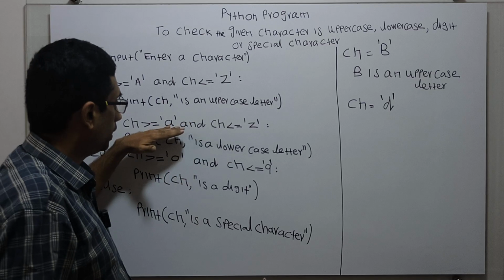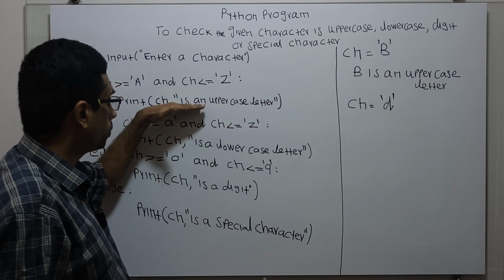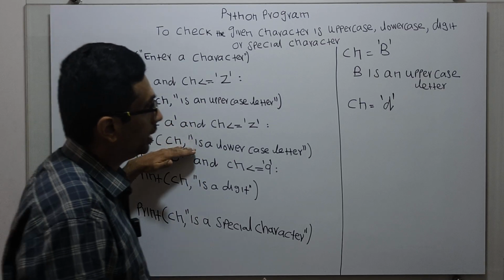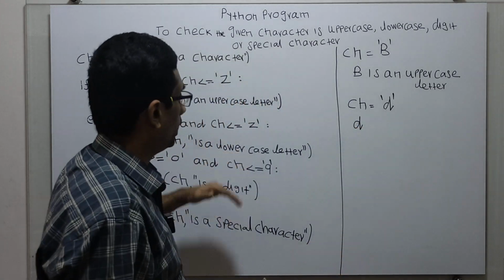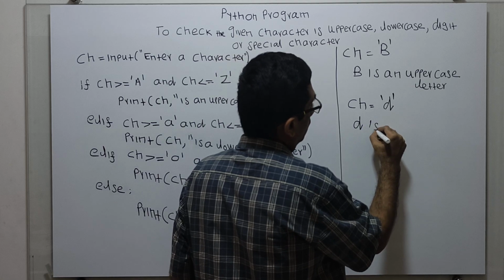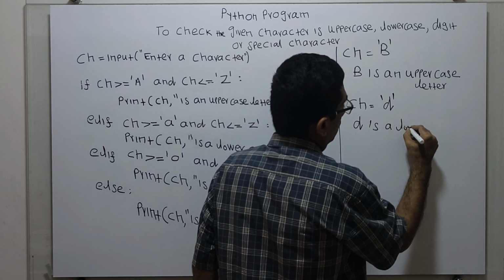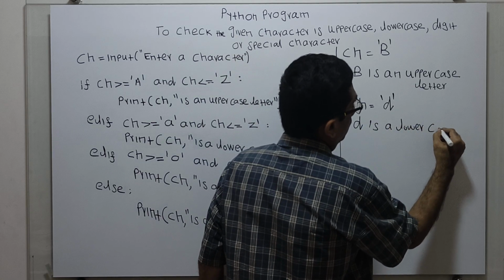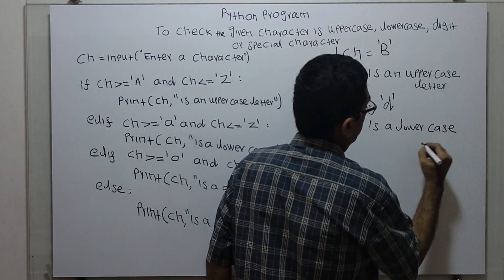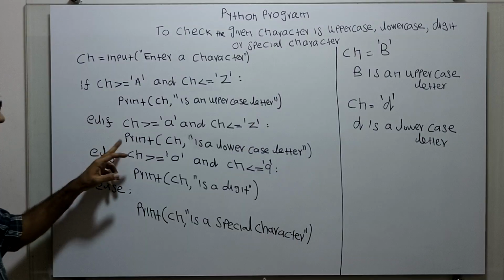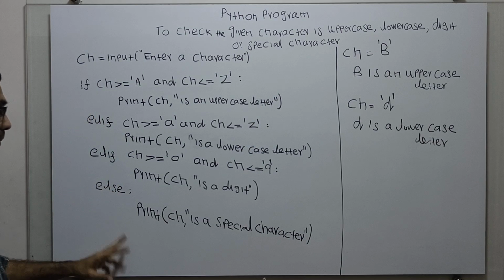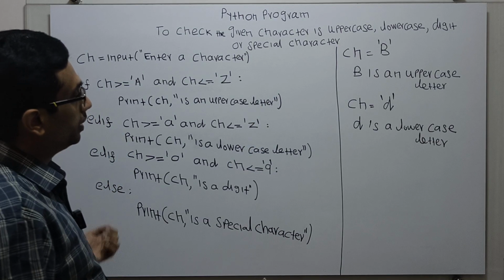That's why the left side and right side of the logical operator are true. It will return true. My output is ch, that means d is a lowercase letter. Then the controller will come out after the else statement. The program will halt.